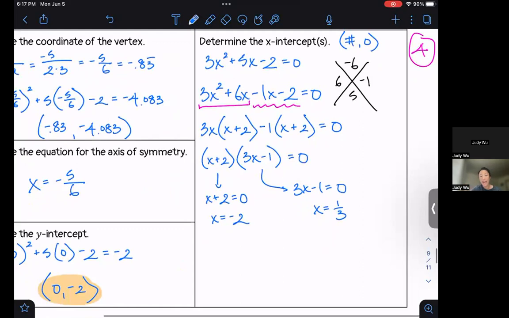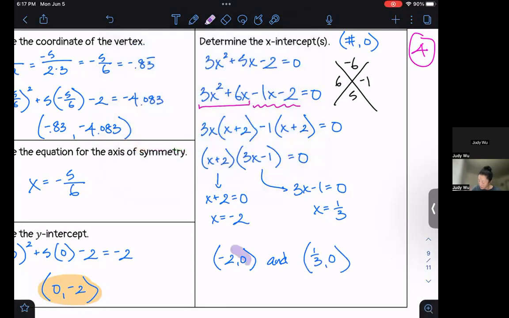Right? But now, to be thorough, we want to write these as coordinates. So negative 2 comma 0 and 1/3 comma 0. And so these x-intercepts, we can go ahead and plot on the graph, okay?